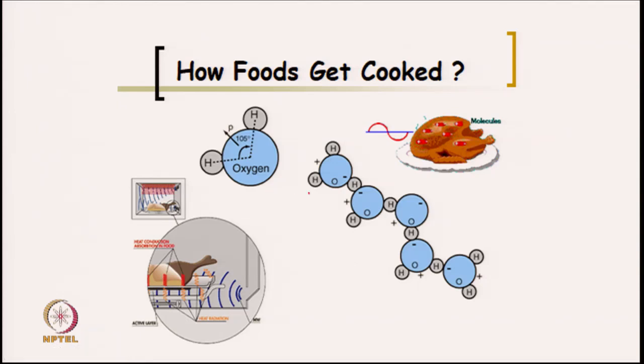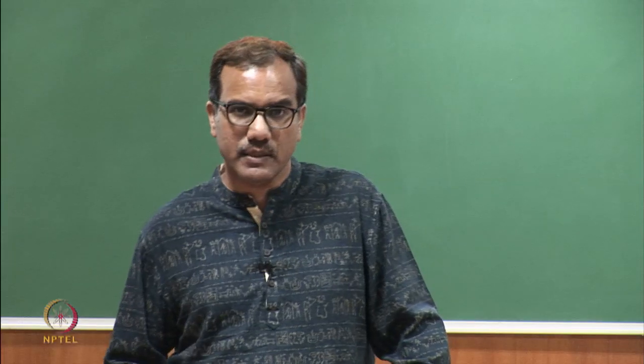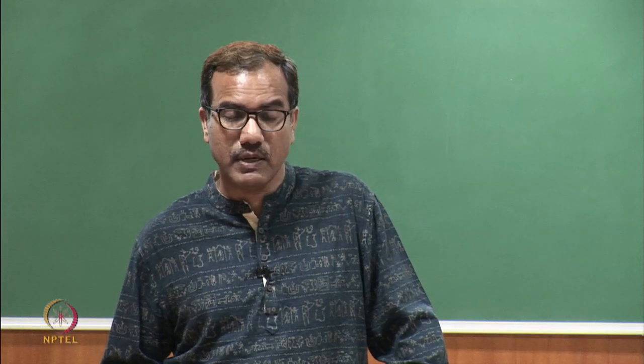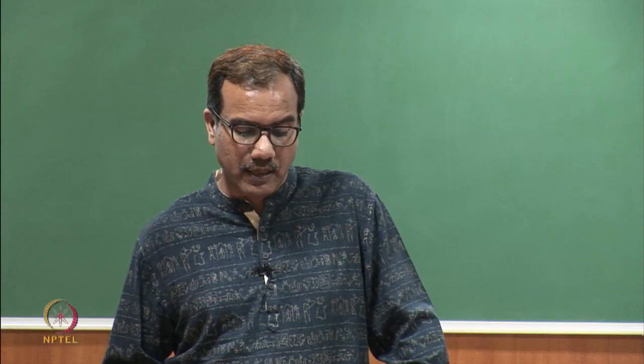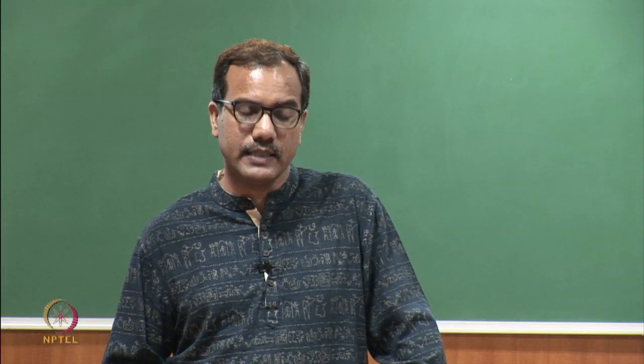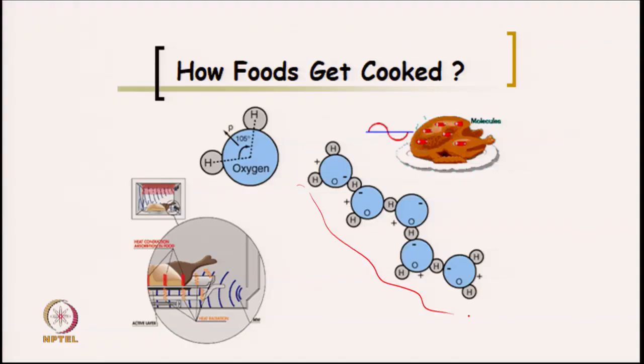These are the water molecules, and they absorb the microwave radiation, and when they try to come back to the ground state, they do so by non-radiative emission. What does that mean? It releases heat and then comes back to the ground state.